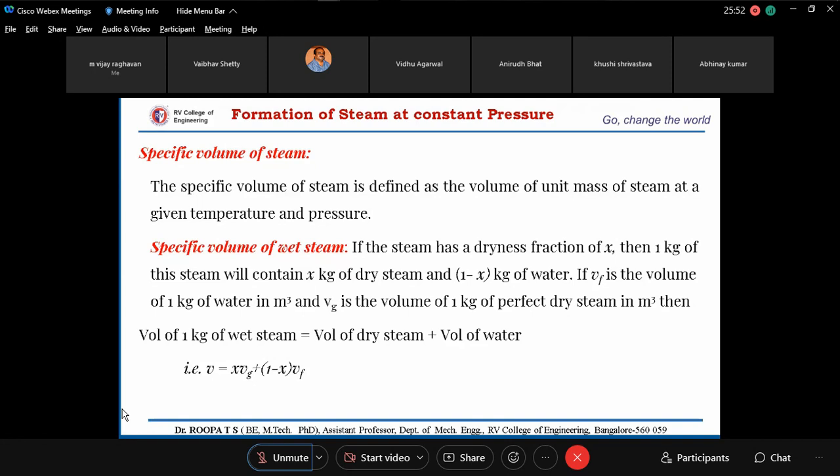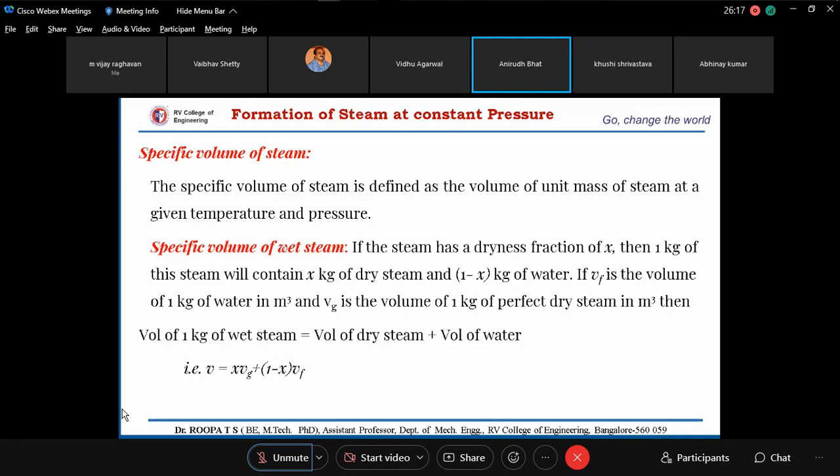When we say specific heat or specific volume or specific density and all such things, it's a property of water at a defined temperature and pressure. So the specific volume will be the volume of 1 unit mass of steam at a given temperature and pressure.